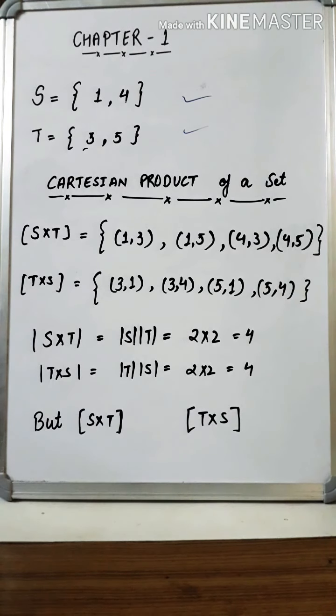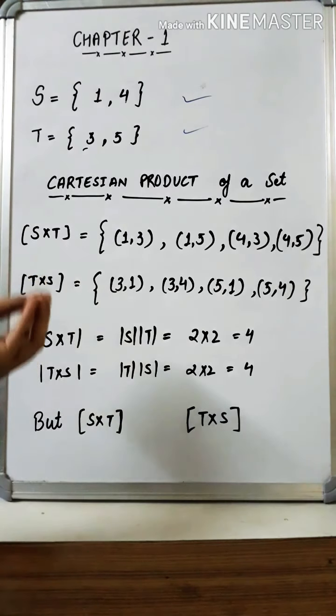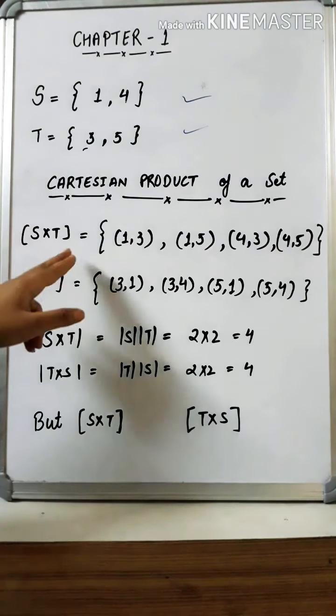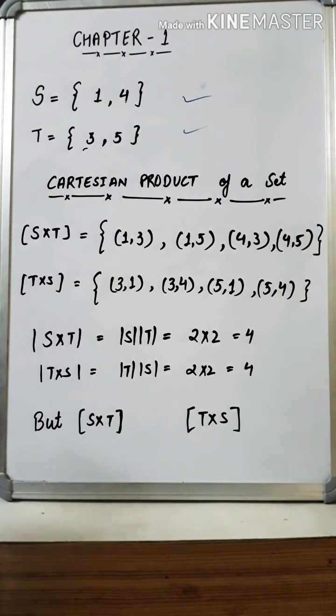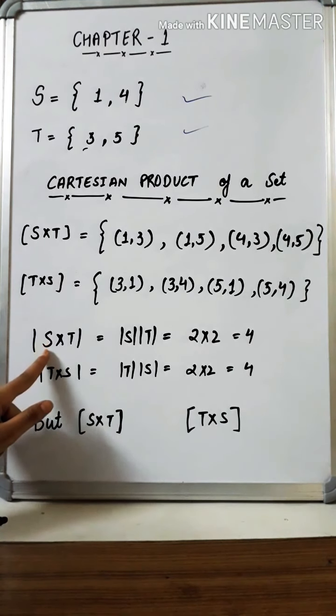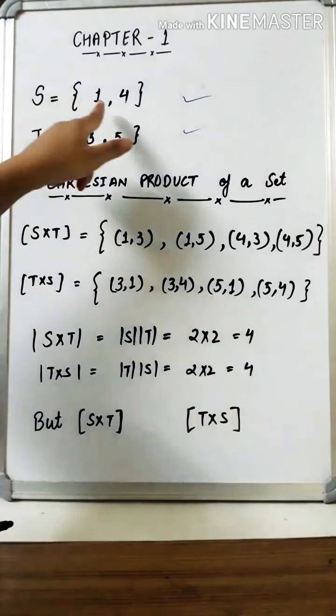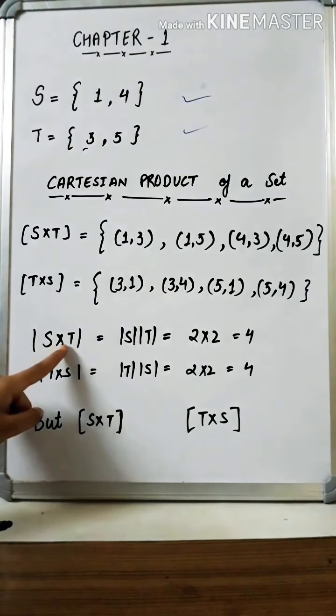Alright, so let us talk about the cardinality of these sets. If you have to find the number of elements that will be present in S cross T, or in any Cartesian product set, we have to find the cardinality of the individual sets. Like if we have to find the cardinality of S cross T, we'll see how many elements are present in S and then how many elements are present in T. So the number of elements in S is 2, the number of elements in T is 2.